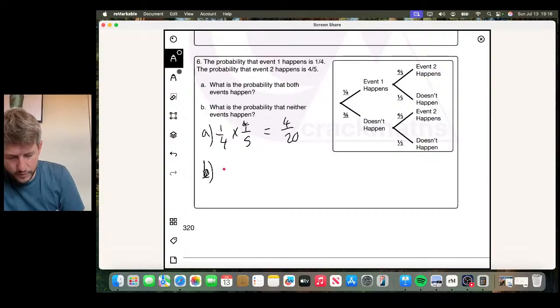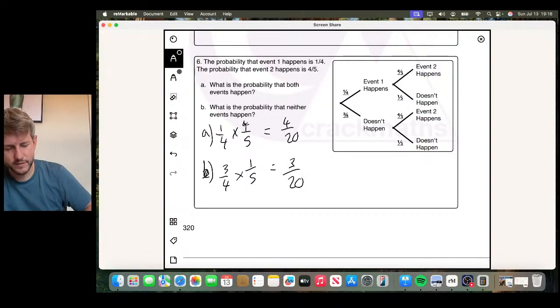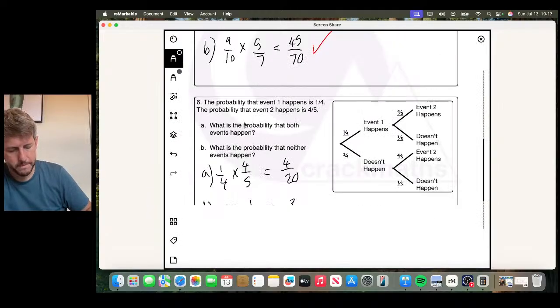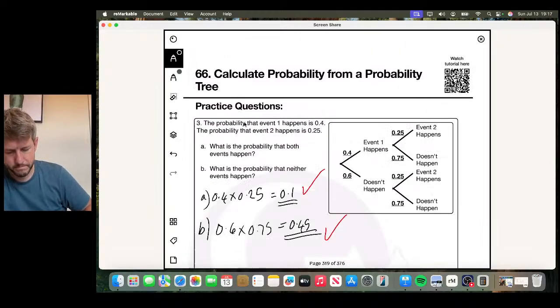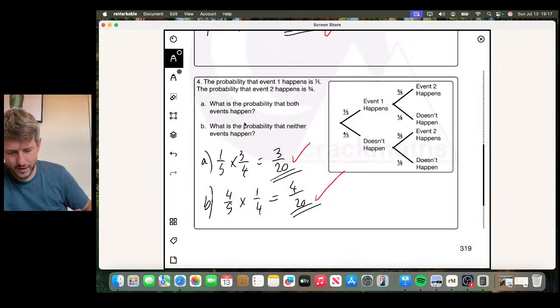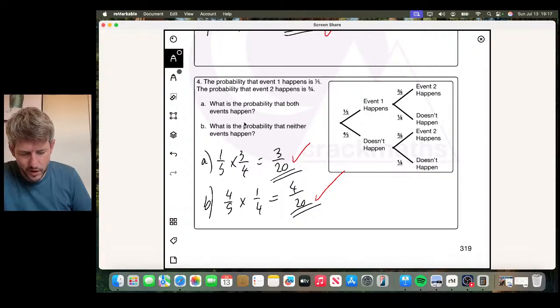And then B, we've got 3/4 times 1/5, which is 3/20. Were they the answers that we just had on the other page? They were.